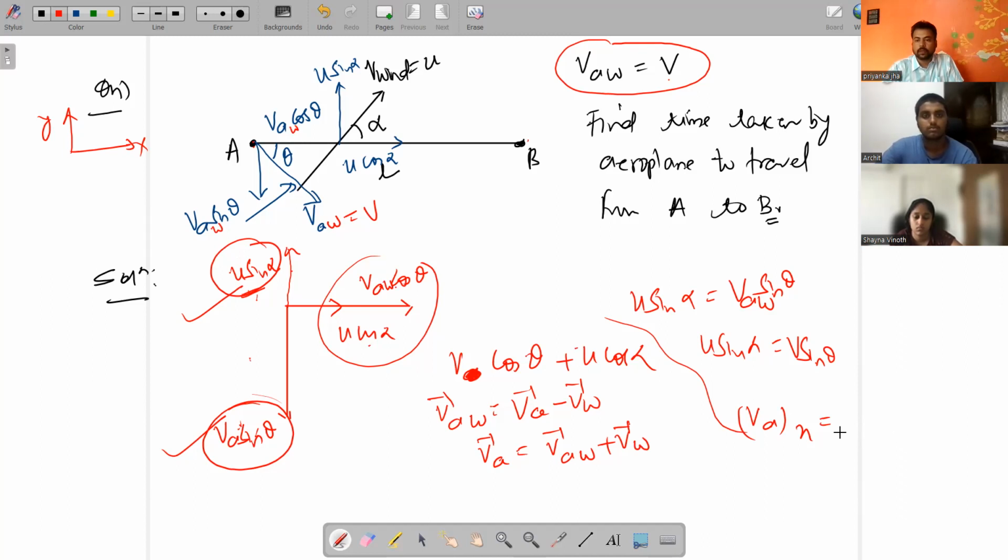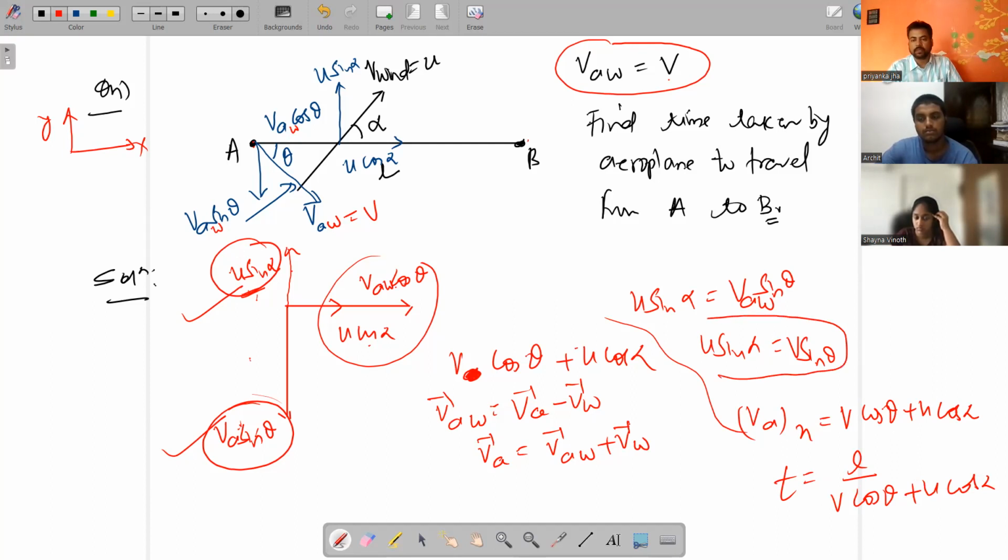So this is V cos theta plus U cos alpha, and the vertical component will be nullified. So the time taken will be L upon V cos theta plus U cos alpha. You just have to replace cos theta from this relation.